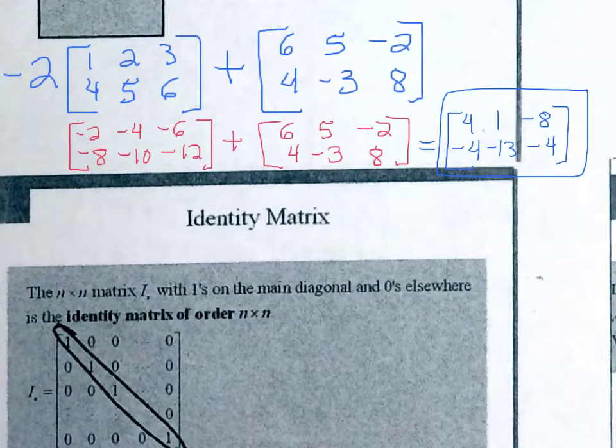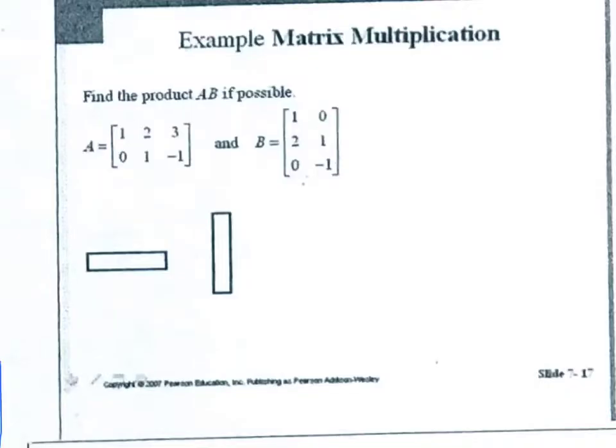Now, the next item is matrix multiplication. When you multiply matrices, the order matters. For example, here, what's the order of the A matrix? It's a 2 by 3. What is the order of the B matrix?